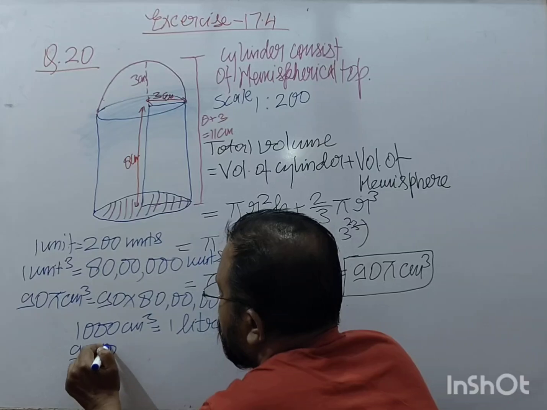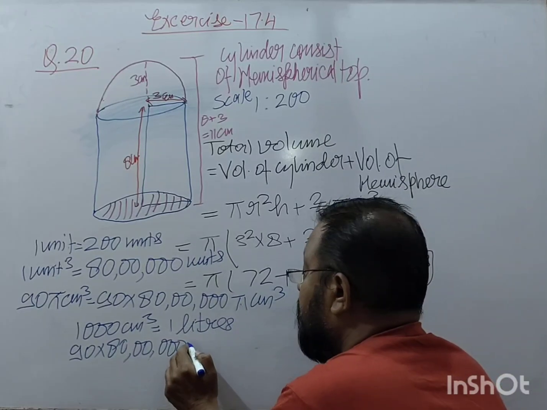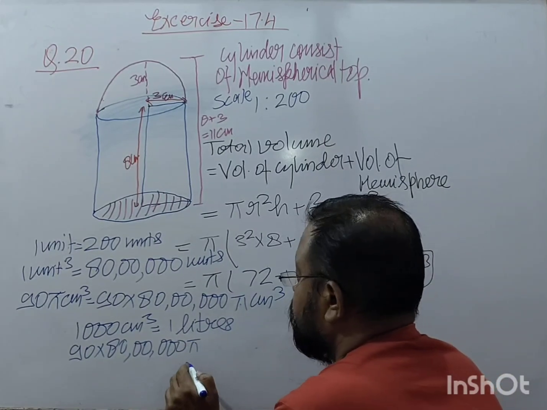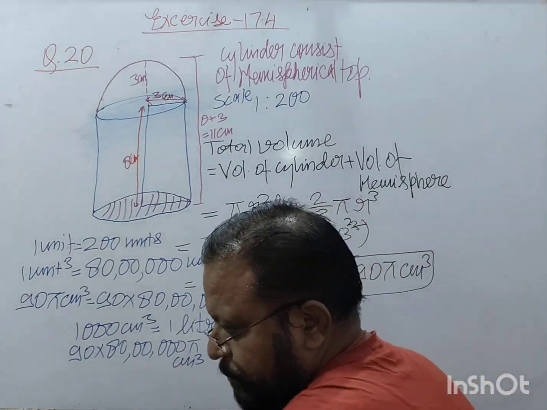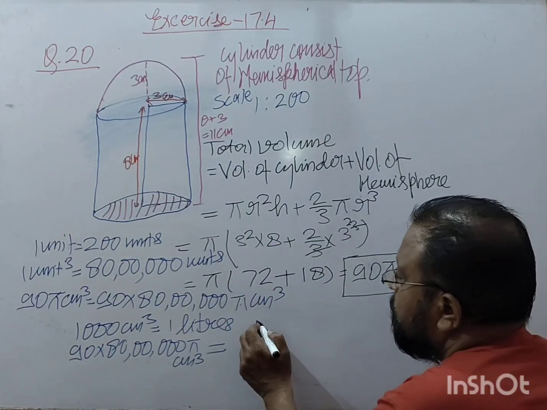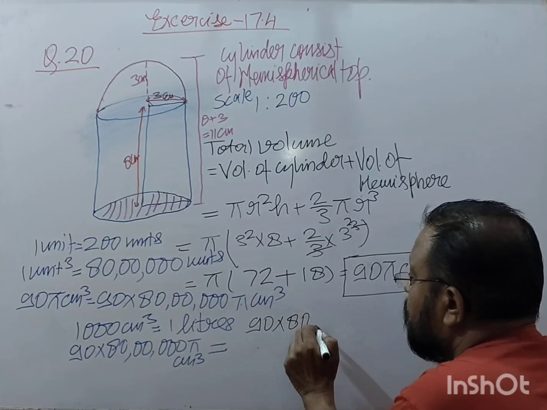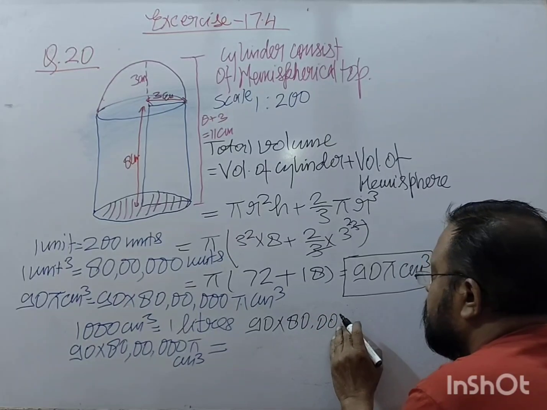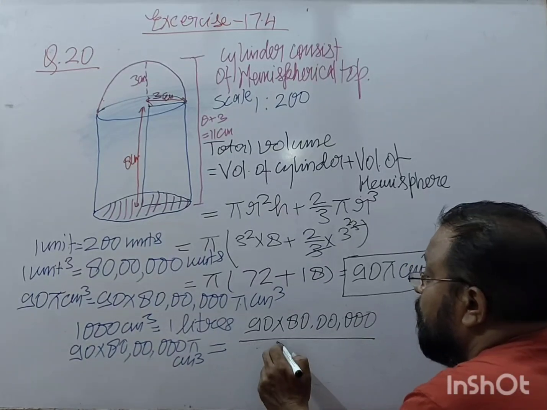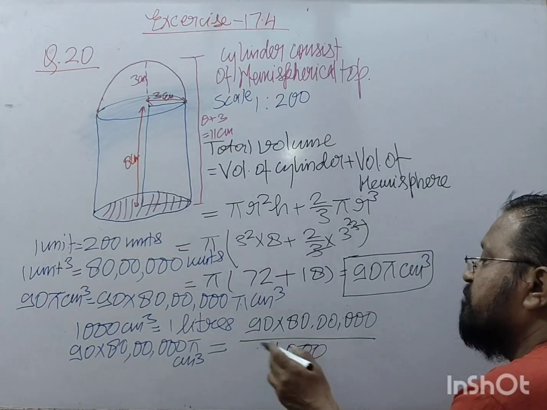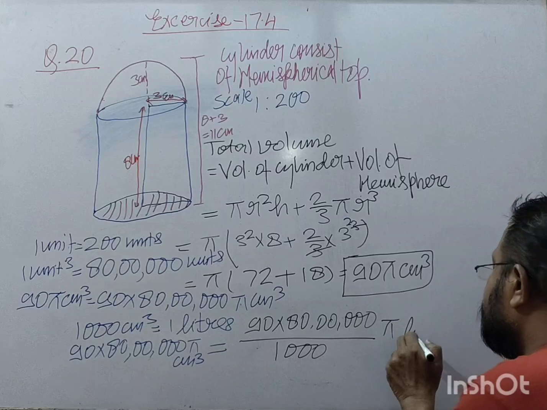So 90 into 80 lakh pi centimeter cube is equal to 90 into 80 lakh upon 1000 pi liters.